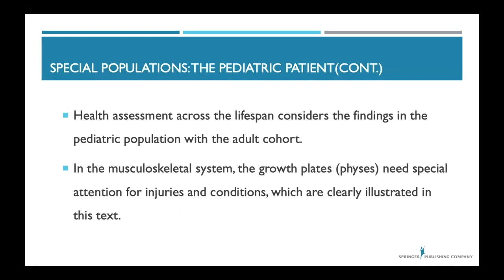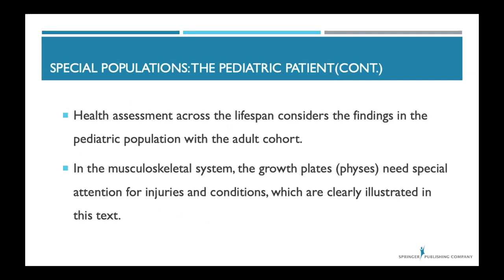Another special population that is addressed within each body system is the pediatric patient. Across the lifespan, when we talk about assessing patients, what might be different in that pediatric patient for respiratory, and where does that special population fit into the assessment?